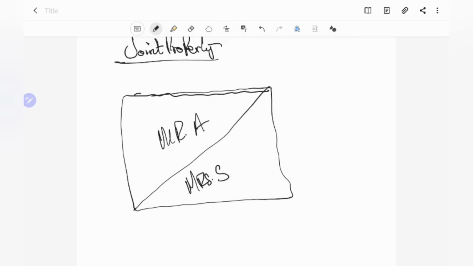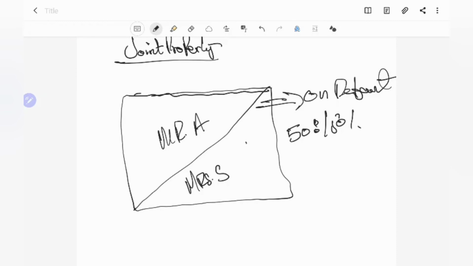When spouses or civil partners own income generating assets jointly, it is assumed that they are entitled to equal shares of income, and it is split. By default, it is assumed that they own it on a 50/50 basis between them.